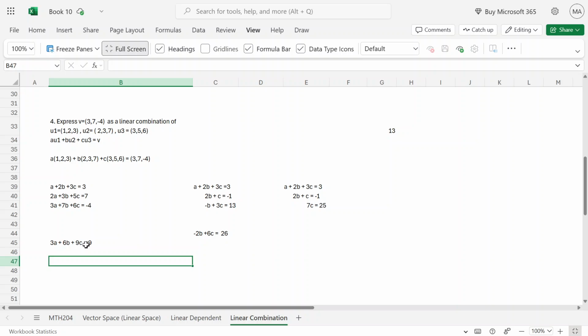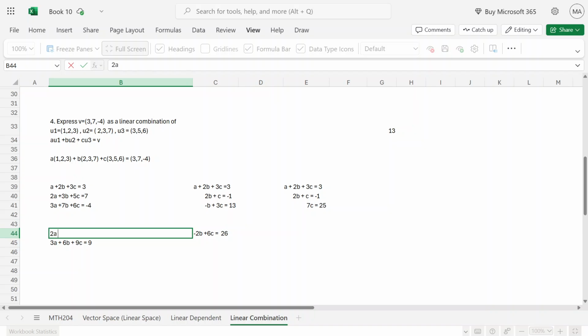So this is 3 and 2. Let's rewrite the equation. 2a plus 4b plus 6c equals 6, right?